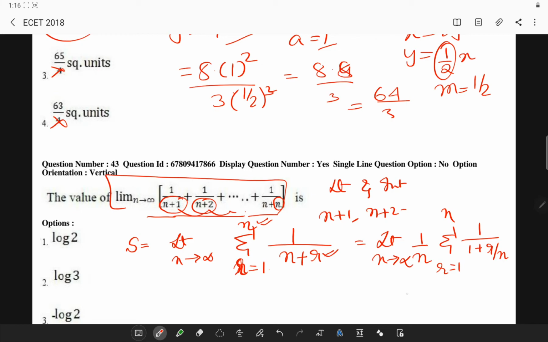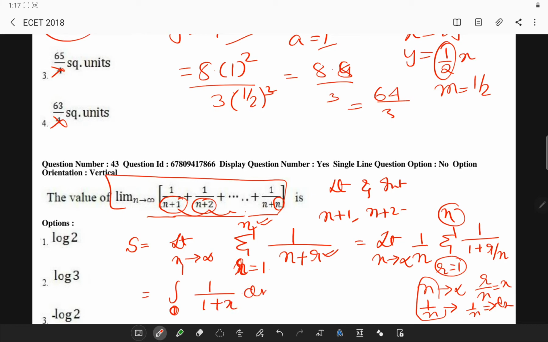So as n tends to infinity, if you consider r by n is equal to x, now 1 by n will be your dx, and you can simply write the limits as the integration limits. So here the integral limits will be from 0 to 1, and it will be in the form 1 by (1 plus x) into dx.